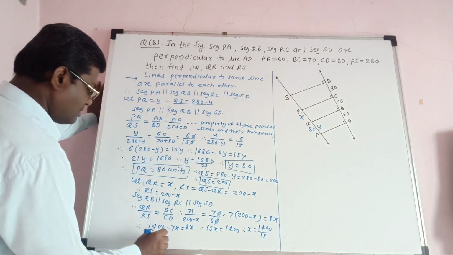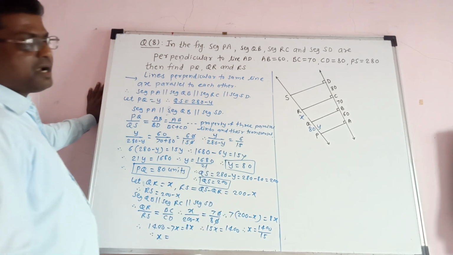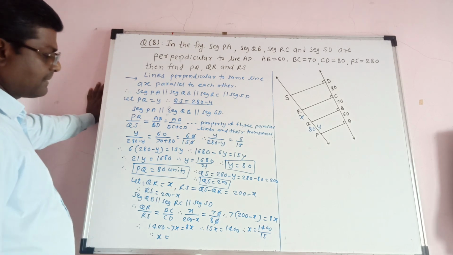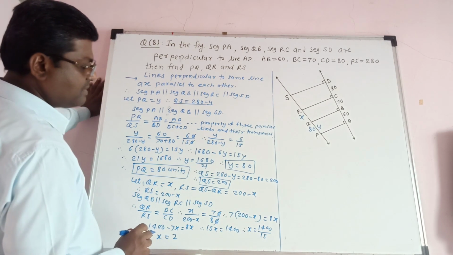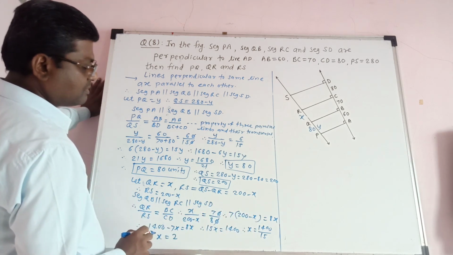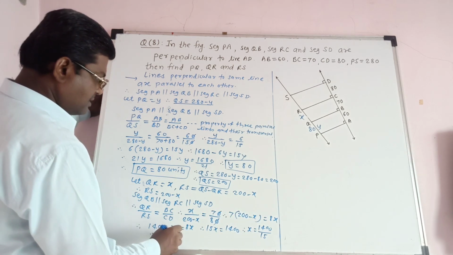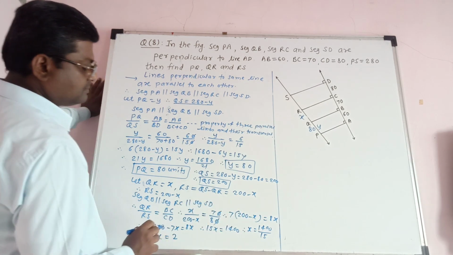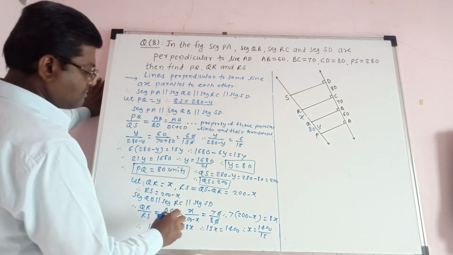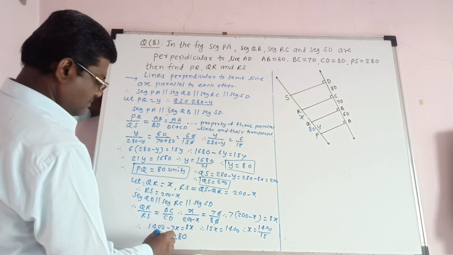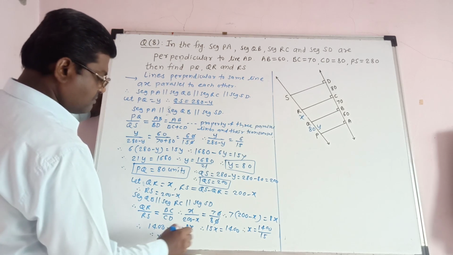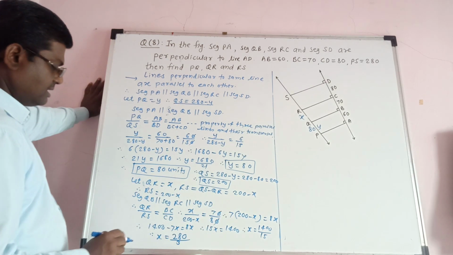Dividing numerator and denominator by 5, we get 280 upon 3.